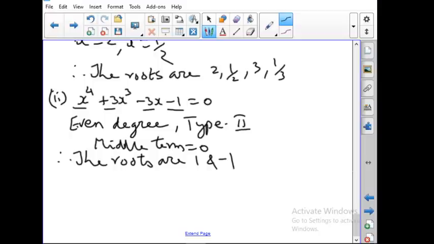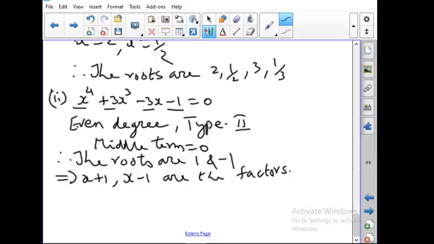So what are the factors? x plus 1 and x minus 1 are the factors.